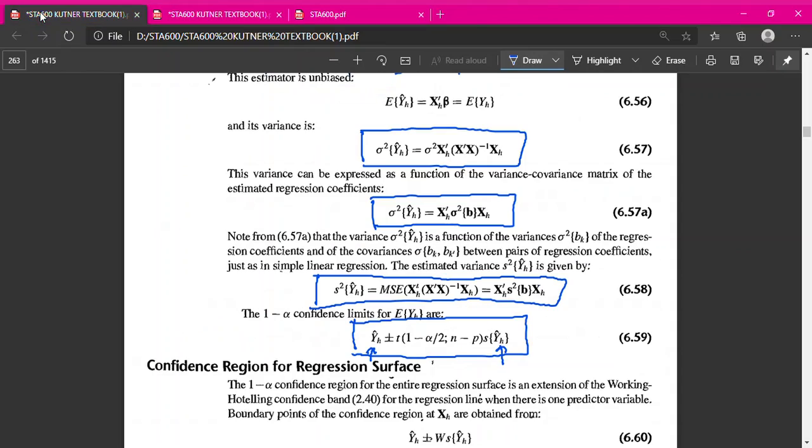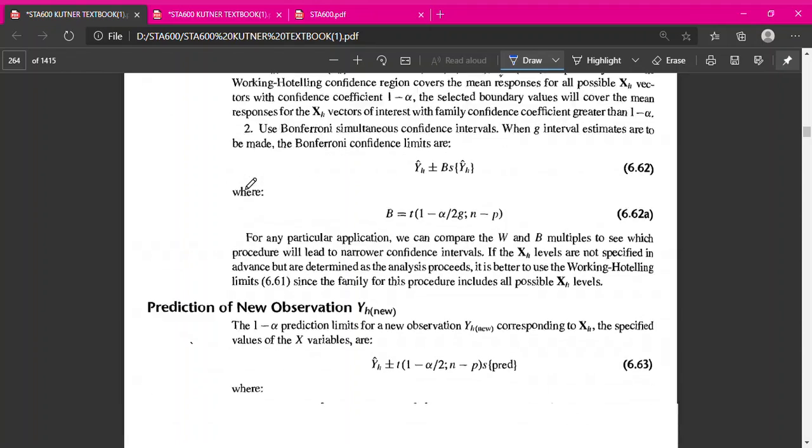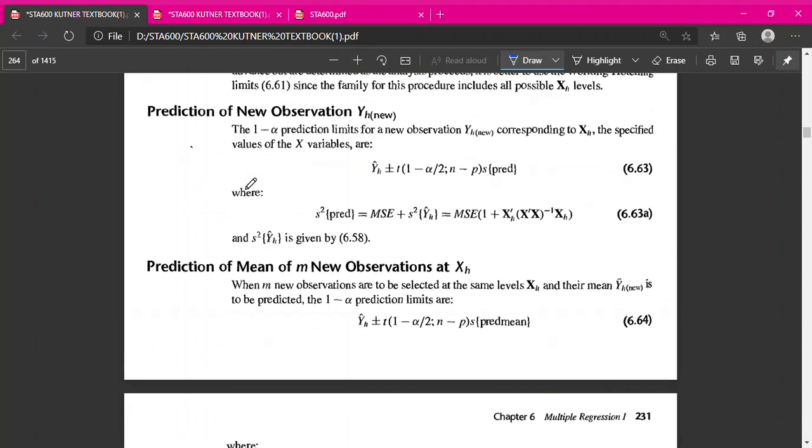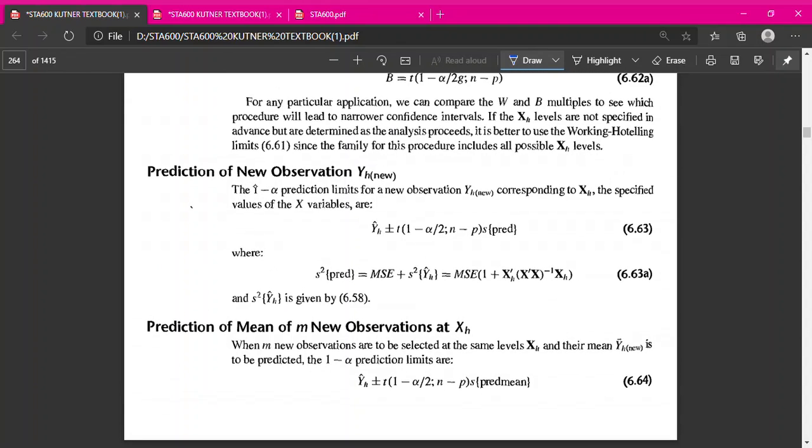Okay, lastly adalah prediction. Okay, the prediction. This, the new observation. Prediction for the new observation. This is a formula. Sama macam SLR. Cuma bezanya dekat sini je n minus p. Okay, and then you kena cari dulu. Di sini adalah prediction. Formulanya sama dengan mean response.